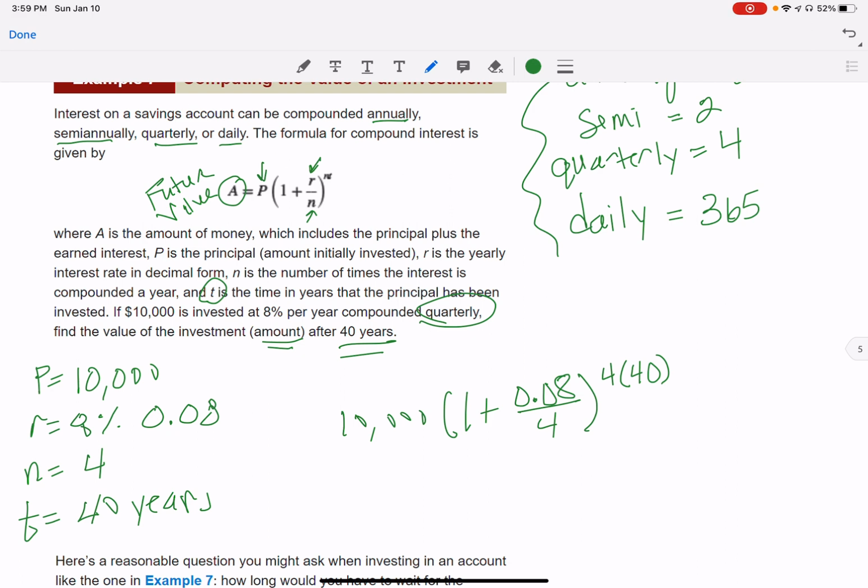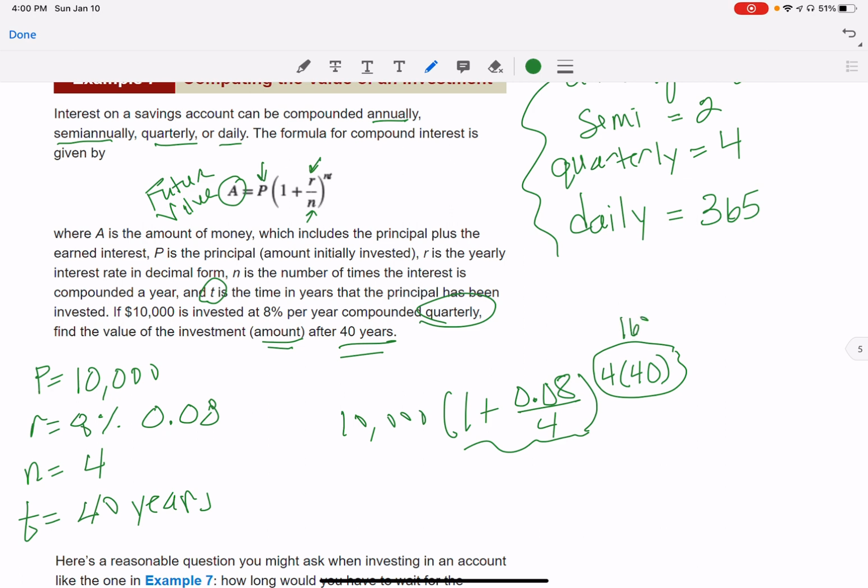Okay, so go ahead, take a second. My suggestion to you when you are typing this into your calculator, if you don't have a scientific calculator where you can use your parentheses and such, and you can see what you're typing in, I would do this first, then I would do this, and then I would rewrite it, and then solve it, because the only thing that's being raised to 160 is what's in the parentheses.